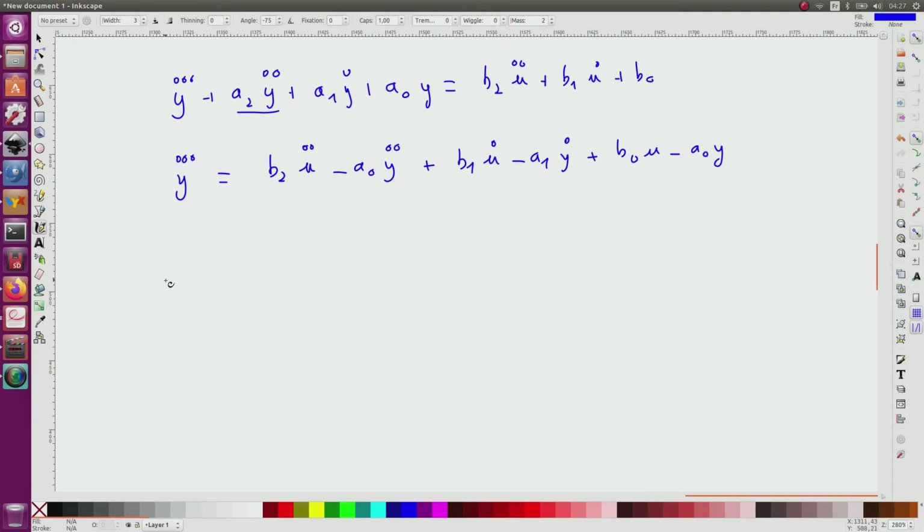Now I will integrate 3 times this equation, and I will get that y equals the integral of all this expression.